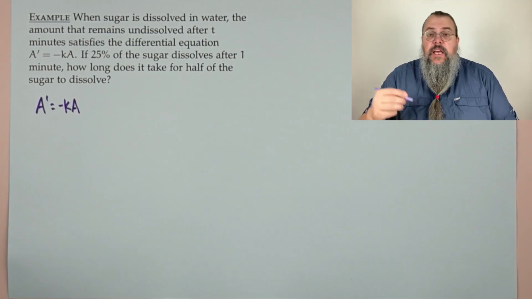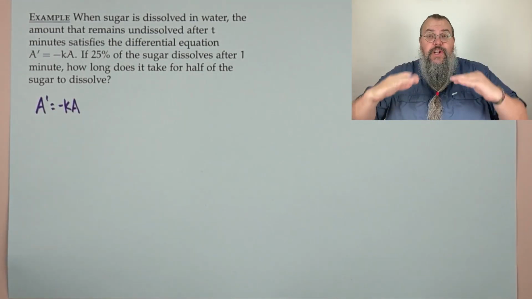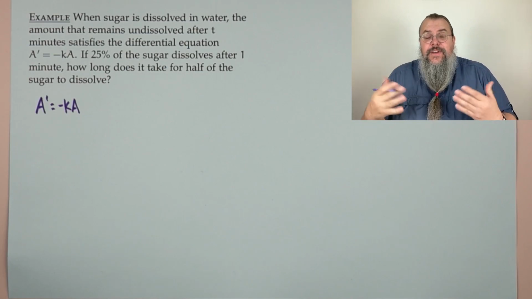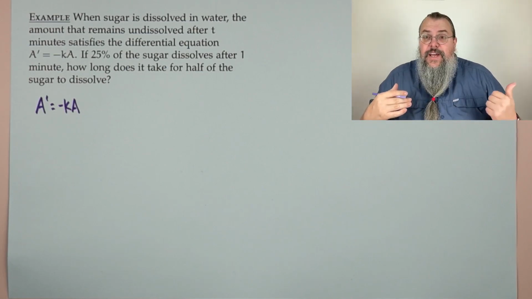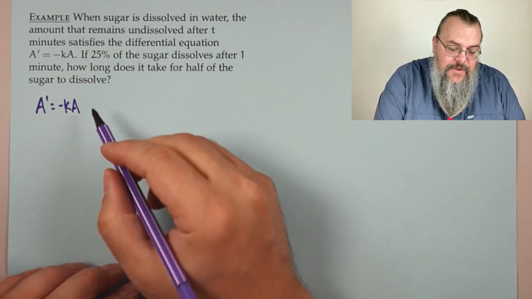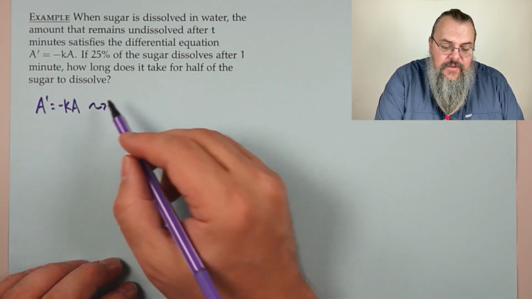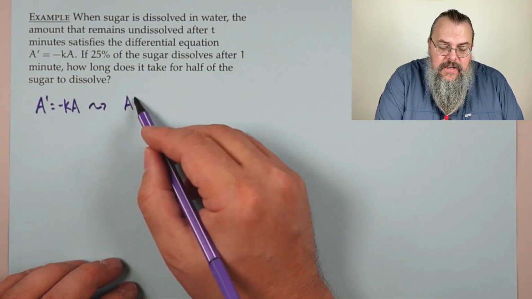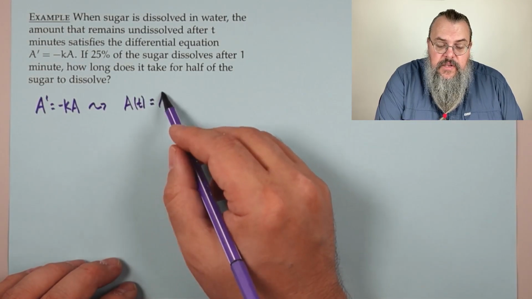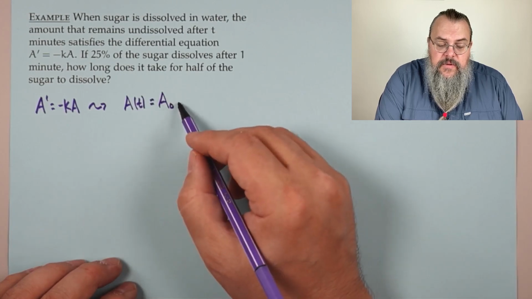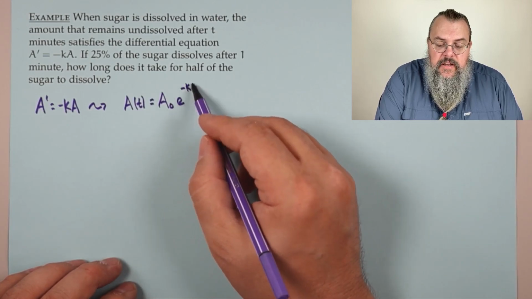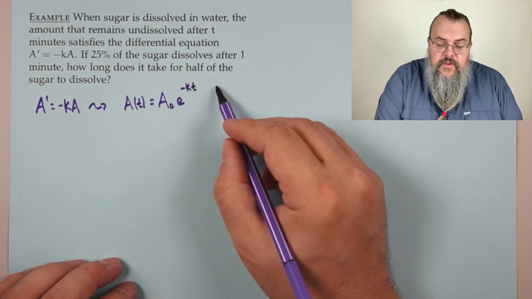Now, we can either rederive this, or we can say, I know how this works. And since we just derived it, let's just use it. The solution looks like A, as a function of t, is equal to the initial amount times e to the minus kt. So this is just similar to what we just did.